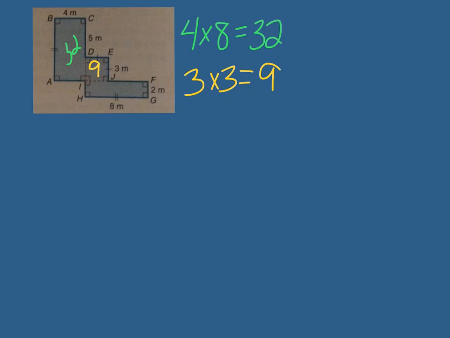So 8 times 2 is what we're going to multiply. 8 times 2 equals 16. And then we add all of these up, and when we add 32 plus 9 plus 16, we get 57, and our units are meters squared. So that would be the area of this complex figure.